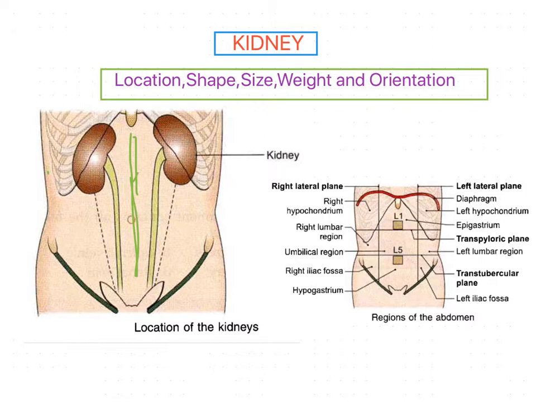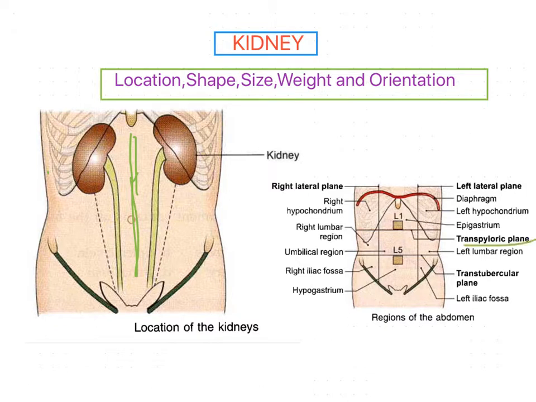If you see the location, the kidneys occupy the epigastric, hypochondriac, lumbar and umbilical regions. We have already discussed this earlier in the regions of the abdomen.